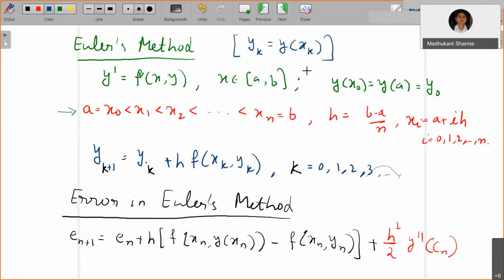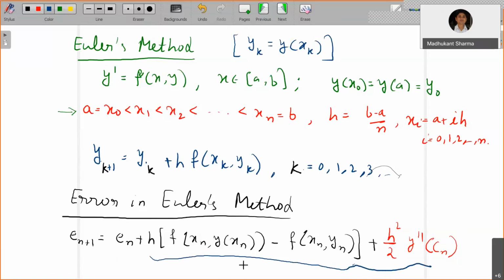and then we can talk about the error part of it. We have also seen the error in Euler's method, given by e_{n+1} at the (n+1)th stage, is e_n plus this term. This is giving you the total error: the second term plus the last term is known as the total error, and the last term in the red ink is called the local discretization error.